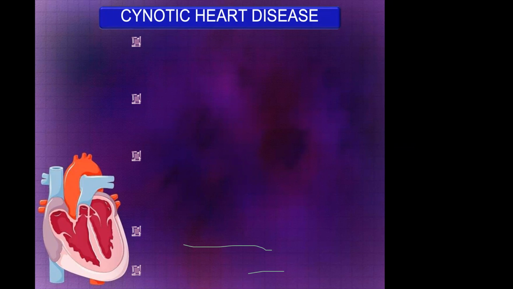And that's why the unoxygenated blood will be circulating in the arteries, and due to which people may notice the patient is cyanosed, right? So a lot of people even say it like this: Lord Krishna had what kind of problem? He was a cyanotic kid.